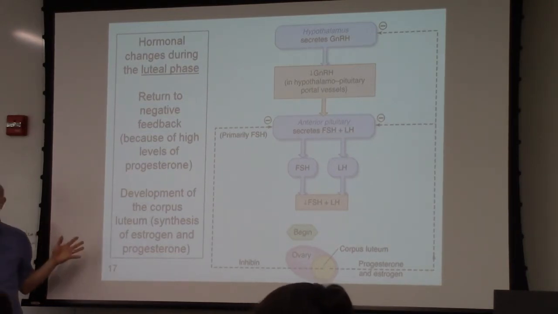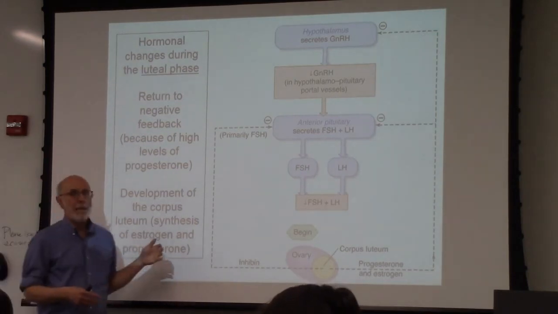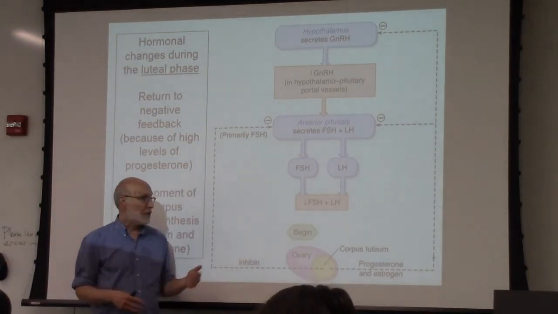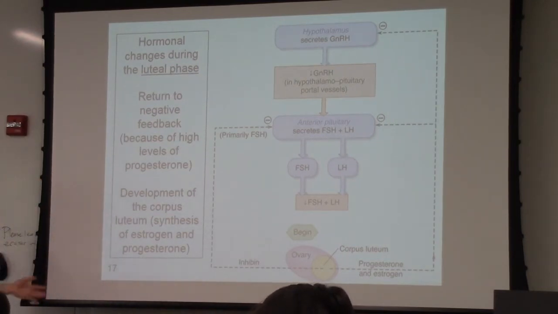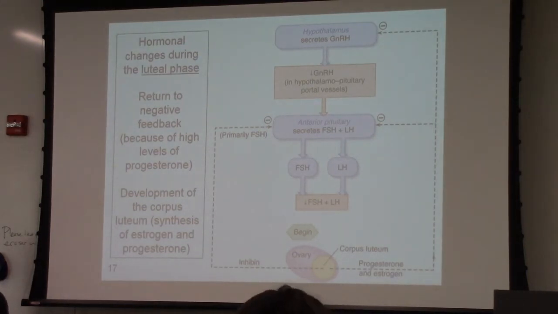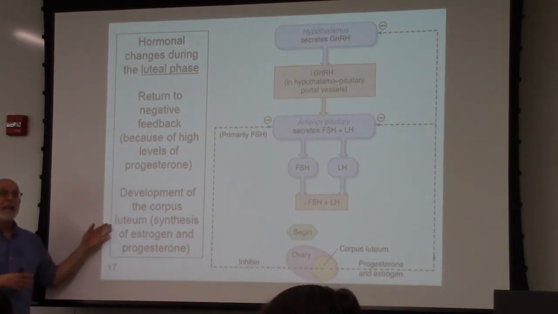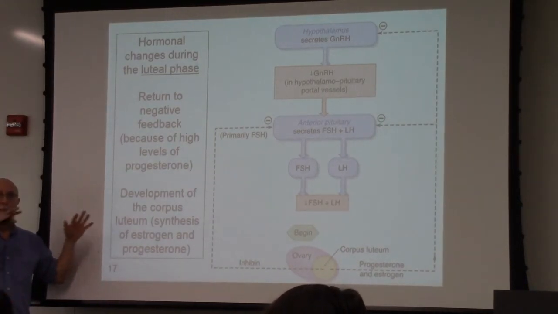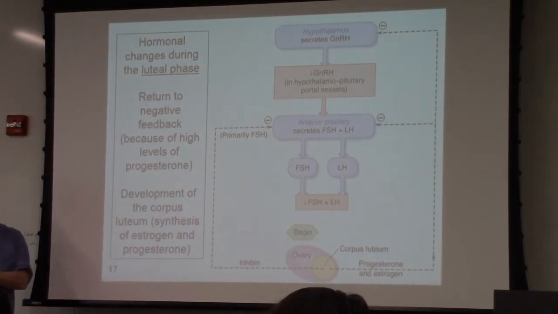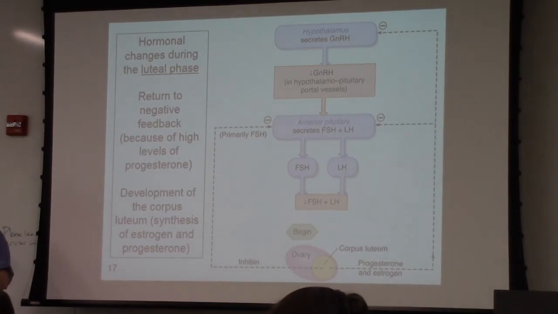The corpus luteum then, and this enormous amount of progesterone that it's producing, enormous compared to estrogen, though nanograms per mil is still a pretty low concentration, so everything's relative. But the large amounts of progesterone relative to the estrogen suppresses the LH and FSH surge and sustains the corpus luteum, and prevents another ovulation event by preventing another LH and FSH surge.